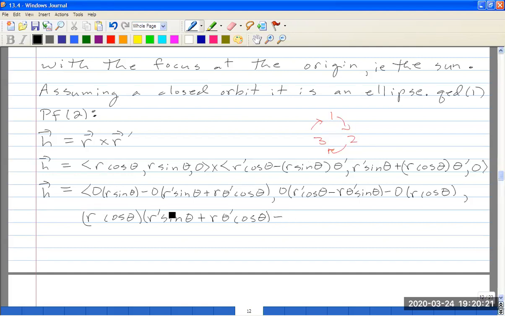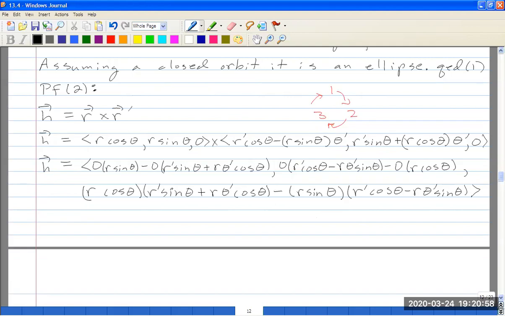So 2, 2. R sine theta 1. R prime cosine theta minus R theta prime sine theta. So this is equal to.